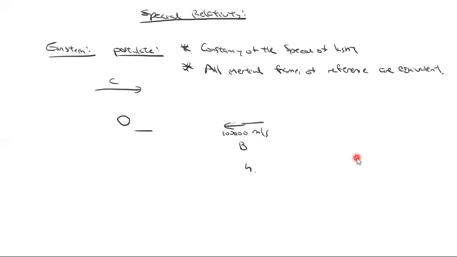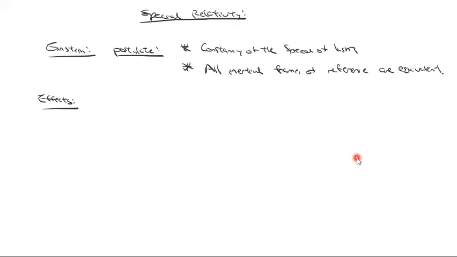Once we have the constancy of the speed of light and the fact that all inertial frames are equivalent, we will have some very counterintuitive effects, effects that might not seem normal to you based on everyday experiences.